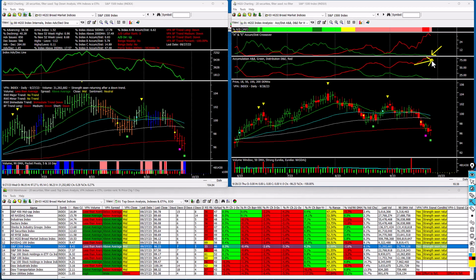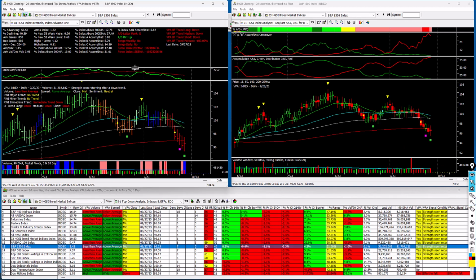Now this is A plus B distribution, and this is A plus B accumulation. And even though there is a strength seen returning sign in here, there just wasn't much movement yesterday. Now looking over here, make this a little bit larger.